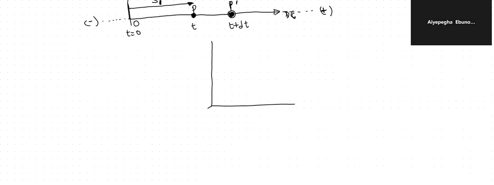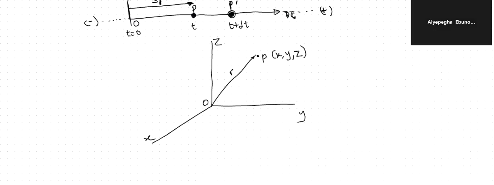Let's say this is the z coordinate, this is the x coordinate, and this is the y coordinate. Let's say we have a point P in space, and because it's in space, we define it by x, y, z. A position vector from the origin, that's r.